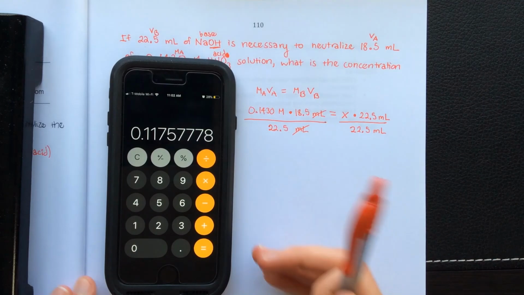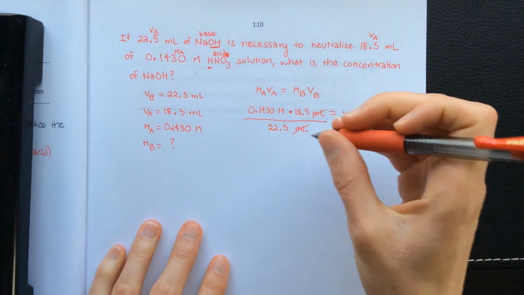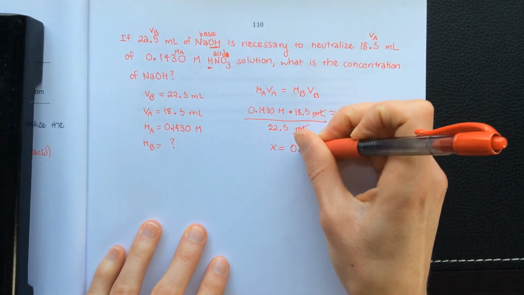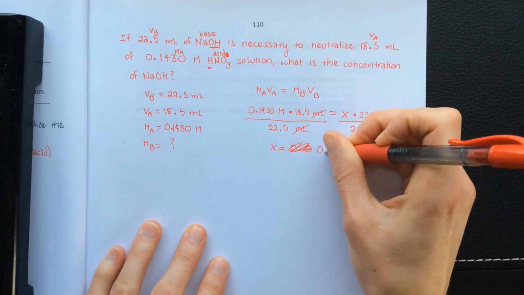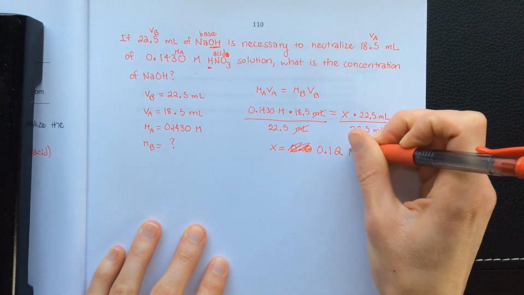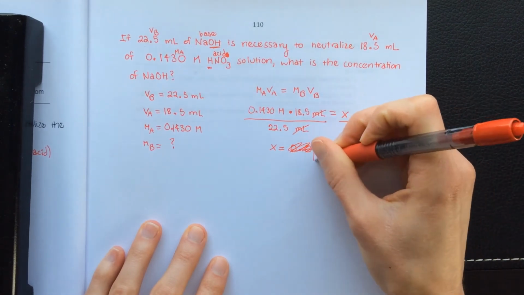And you get 0.12 after rounding. 0.12 molarity NaOH. There's our answer.